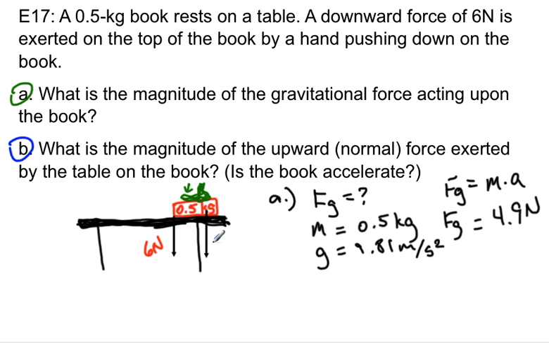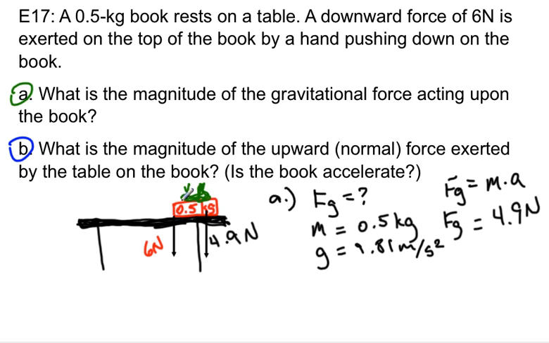That's newtons, so I'm going to write that in over here. So we have 4.9 newtons pushing down just from the force of gravity, and we have the hand pushing down another 6 newtons. So our total forces going down would be 10.9, right? So these combined would be 10.9.